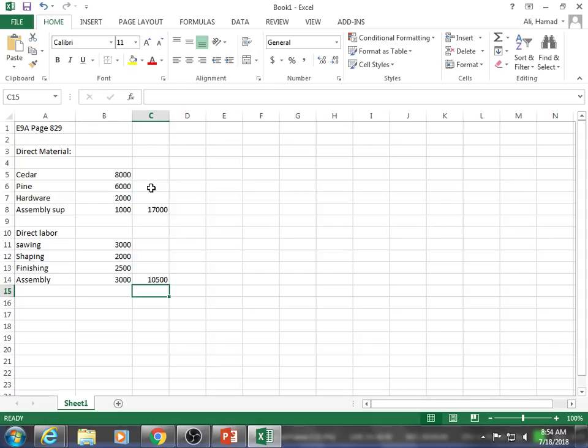So we're going to look at how many machine hours each area took and multiply it by $20. Looking down here, the sewing took 120 machine hours, shaping 210, and so on. We're going to multiply each of those by $20.